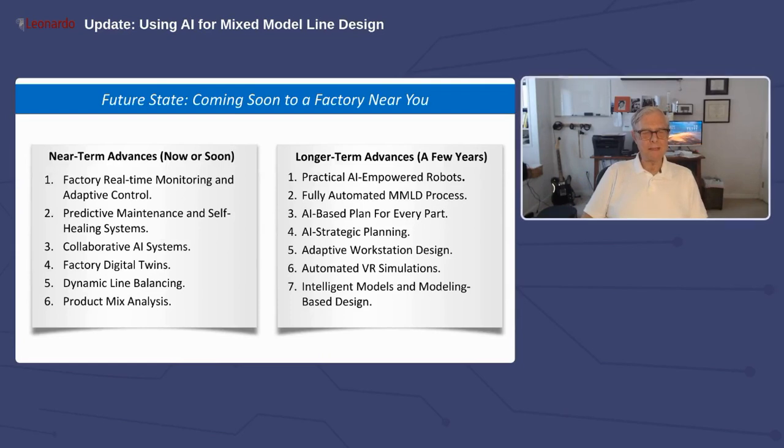Okay, dynamic line balancing. Again, this is something that probably is already here, but could get better, could get more sophisticated. What we're talking about there is in a mixed model line, you have different products with different work content, different sizes, et cetera. And so when you're trying to run the line, the order of the products going down the line really makes a big difference.